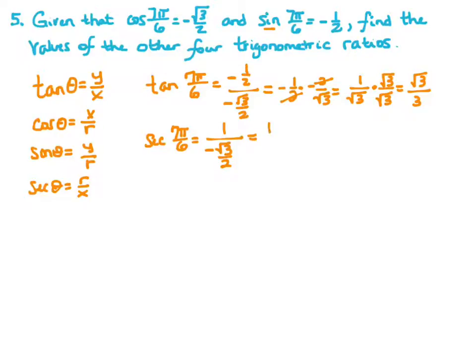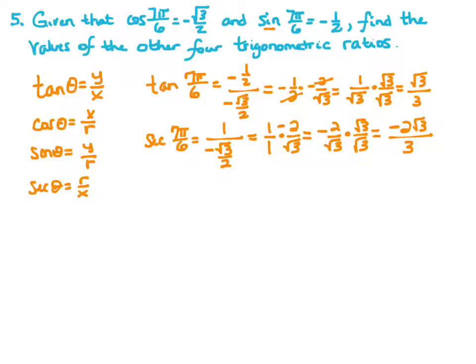On the top I have 1. I'm going to write that as 1 over 1 times the reciprocal of the denominator, 2 over the square root of 3, and that's negative. So we get negative 2 over the square root of 3, and once again we can't leave that radical in the denominator, so square root of 3 over square root of 3, and on the top I get negative 2 square root of 3, and on the bottom again we get 3.